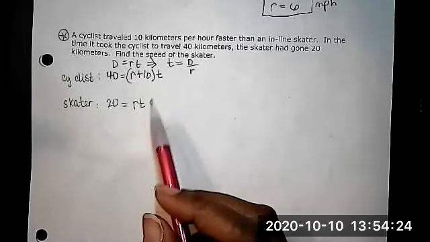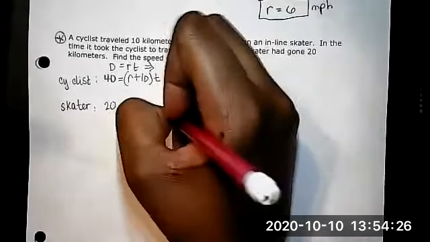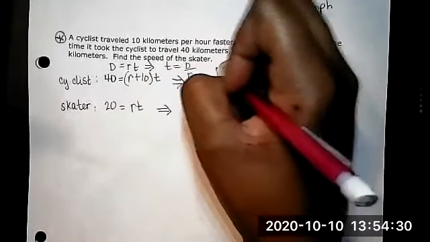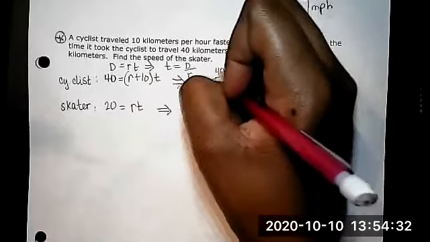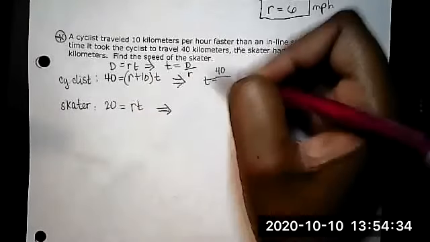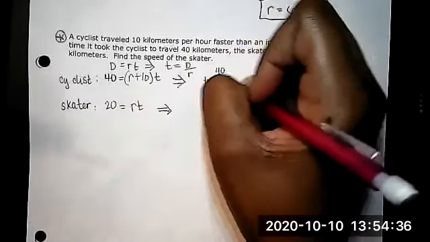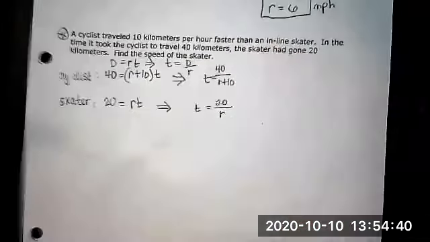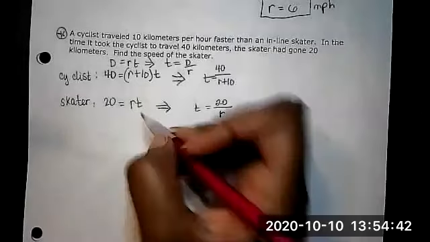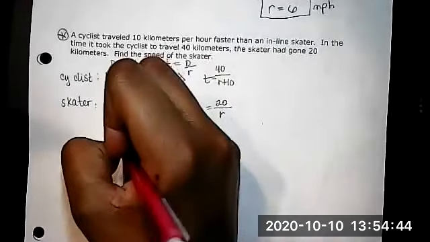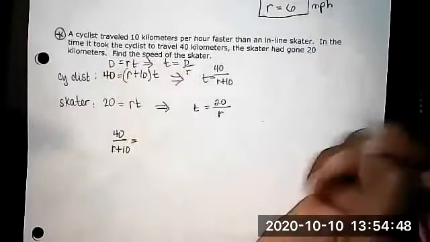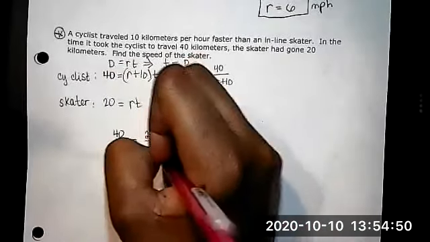So now we have to get T by itself. T equals distance over the rate, which is 40 over R plus 10, and this is 20 over the rate, which is R. Of course, we set them equal to one another again: 40 over R plus 10 equals 20 over R.